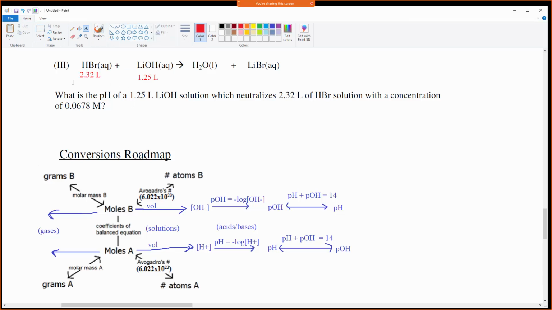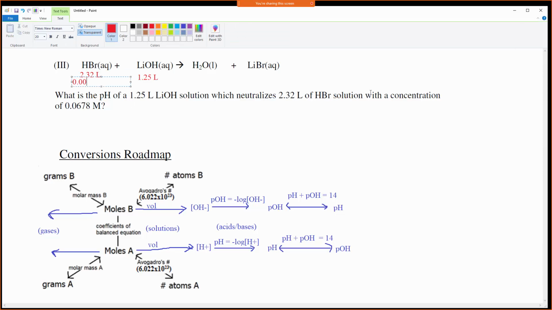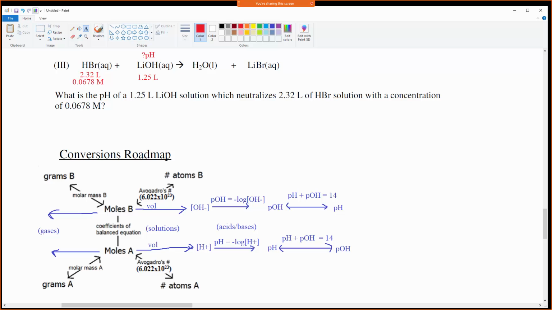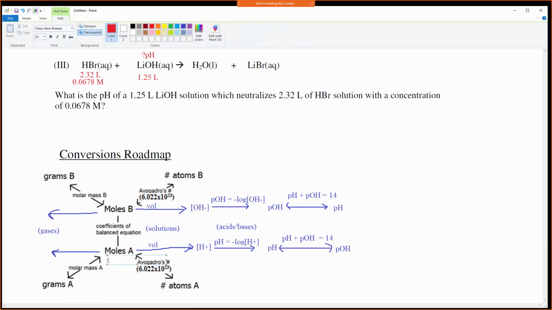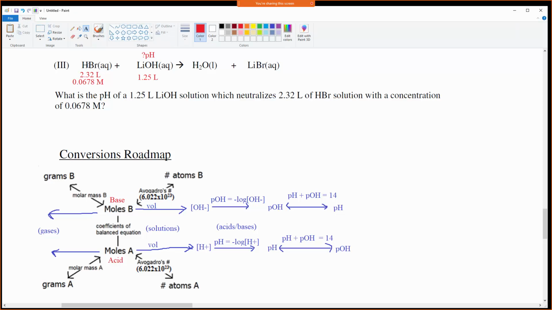And that solution has a concentration of 0.0678 molarity. And they want to know what is the pH of that guy. Okay, so remembering that A stands for acid and B stands for base, then let's identify which of these is my acid and which of these is my base.